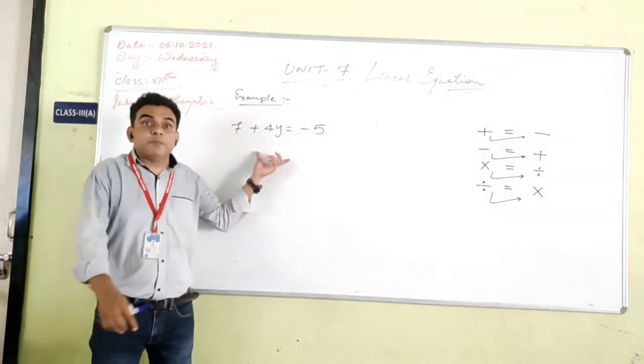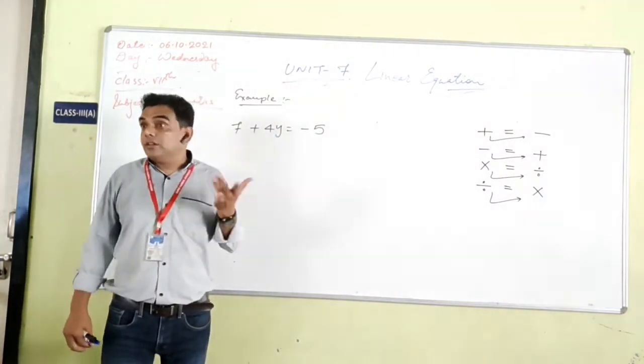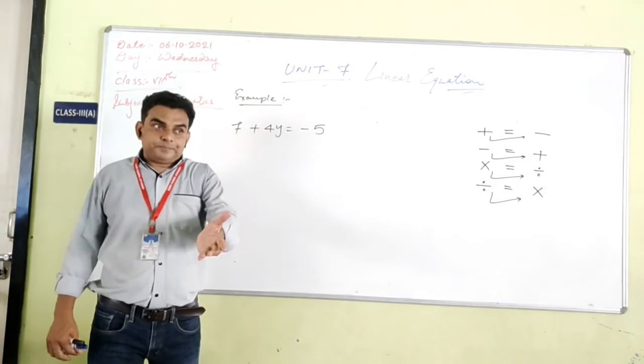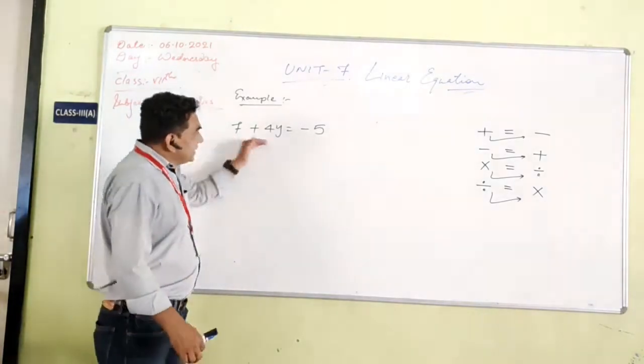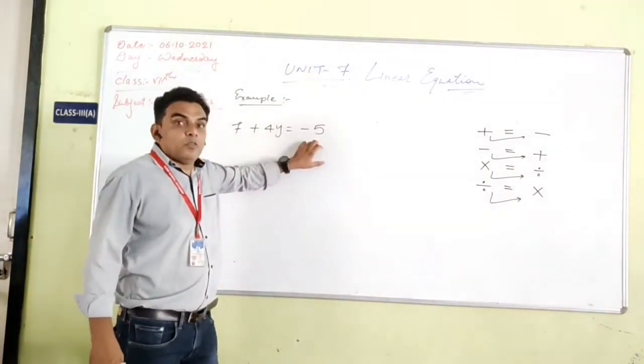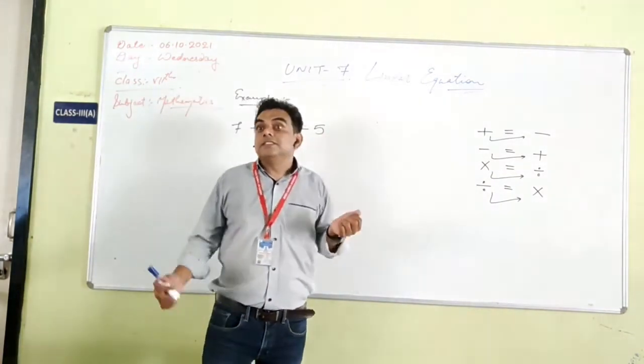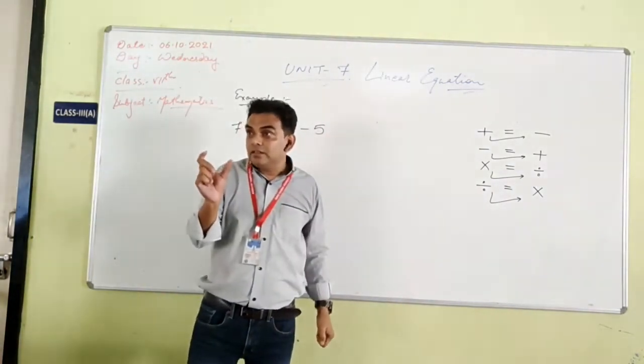Otherwise you will be asked this type of question in the MCQ also, in fill in the blanks also. Suppose this is given and then y is equal to dash, in place of the fill in the blank.